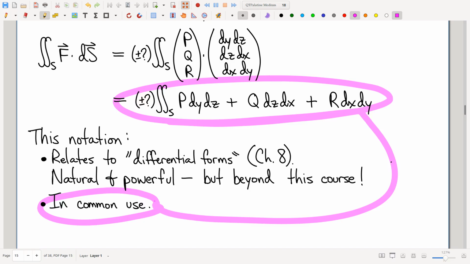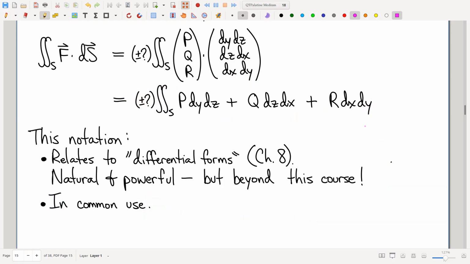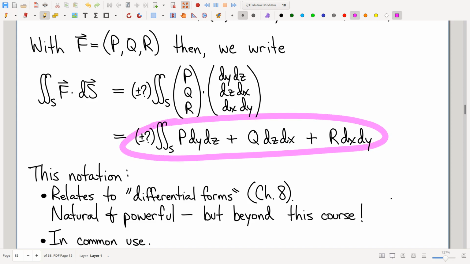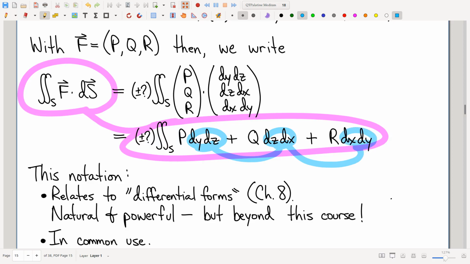Now, what I encourage you to do, this is just my take, every time you see this, is to just realize they're talking about a flux. It's just a different notation for a flux. dy dz, dz dx, dx dy is just a clunky way of representing the dS vector.